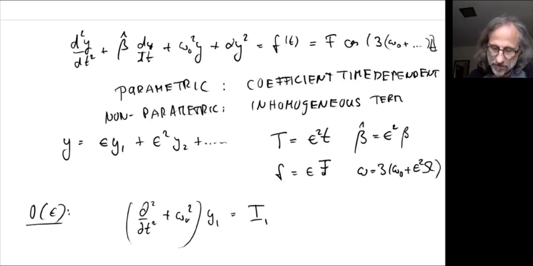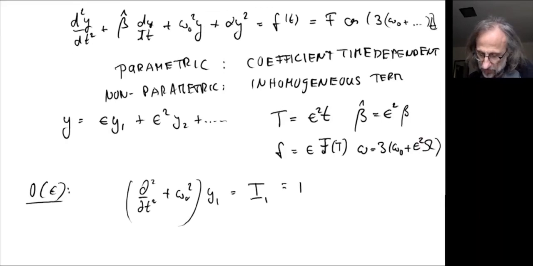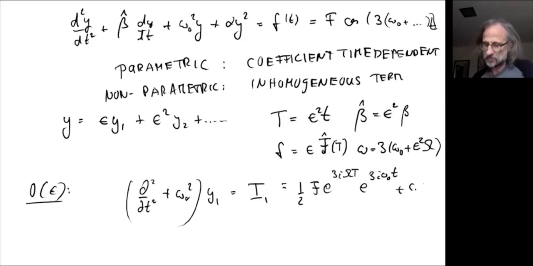This f here is a function of slow time, because we have the capital omega term with order epsilon squared. So let's write it out. We have 1/2 f, and I'll put a hat on it, and the f hat is really the amplitude of this thing. It's e to the 3i capital omega capital T times e to the 3i omega naught fast time plus cc. So that's this inhomogeneous term.